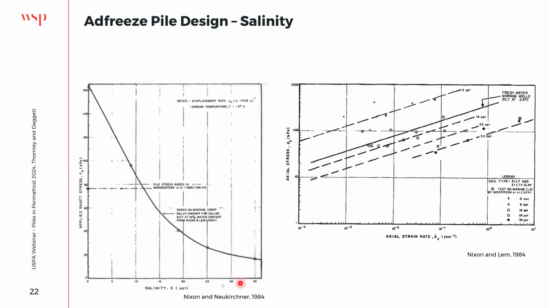We go over here for one soil at -5 degrees, and we have an adfreeze strength at 0 salinity right here. If we go down to 35 parts per thousand, we've dropped our adfreeze strength from 160 to 20 just by changing our salinity to 35 parts per thousand.